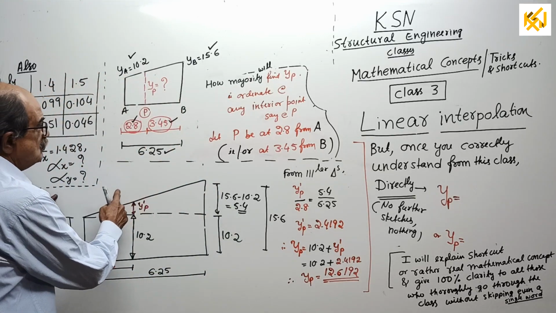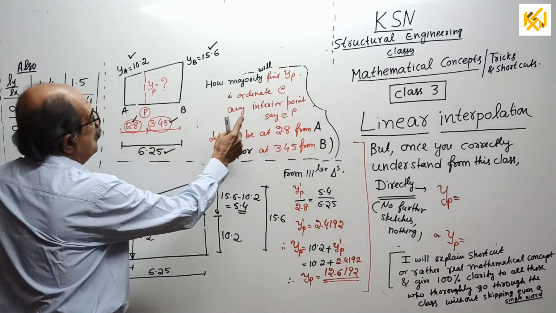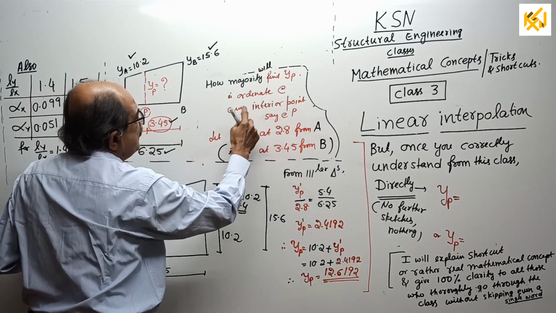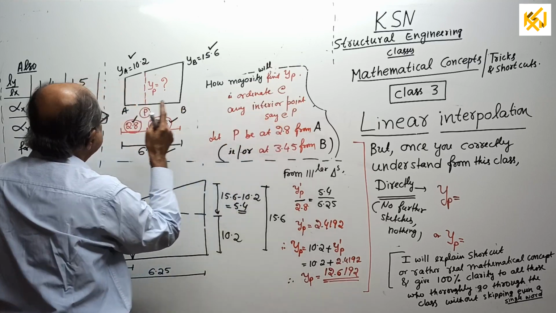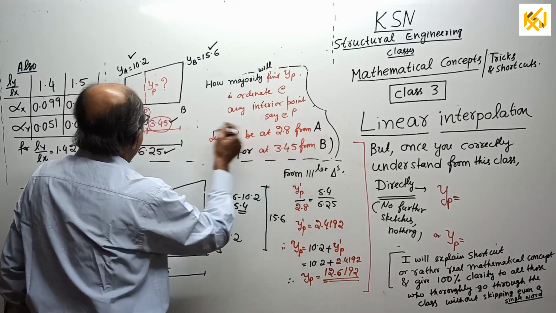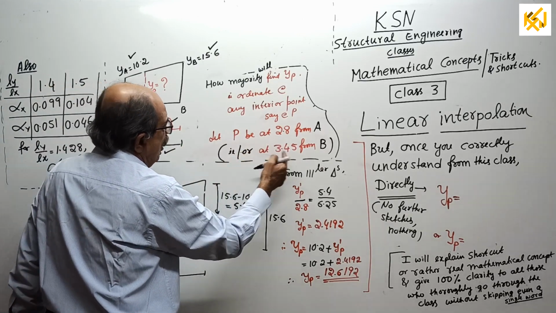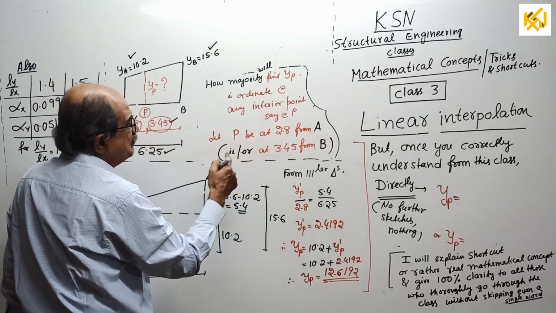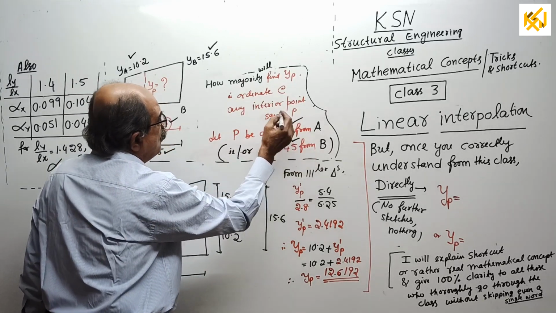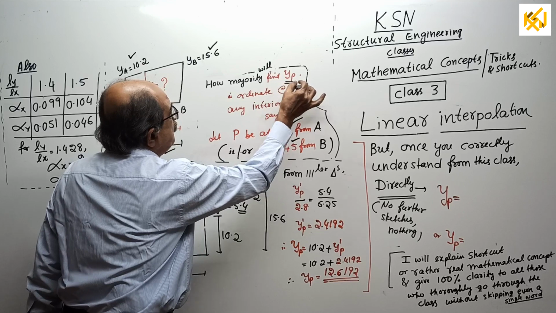I will write here now: how the majority will find YP, the ordinate at any interior point, say P. Let P be at 2.8 from A, or 3.45 meter from B; both are the same. 2.8 known, 3.45 known. Our important task is to find YP.